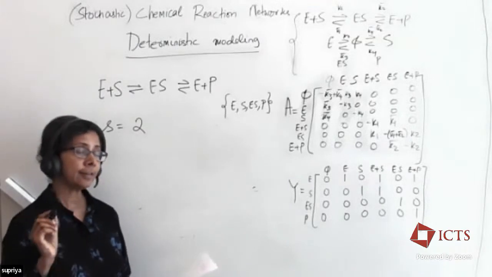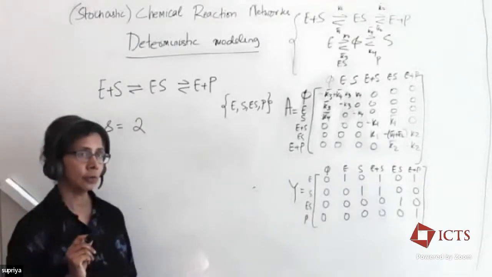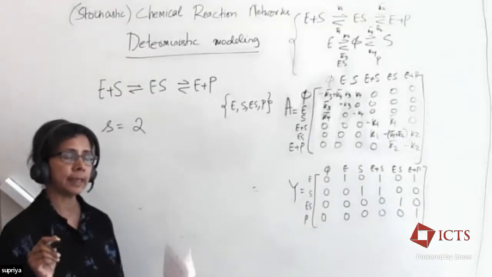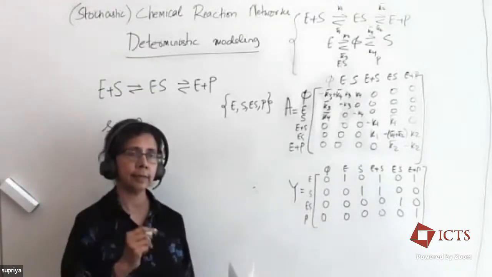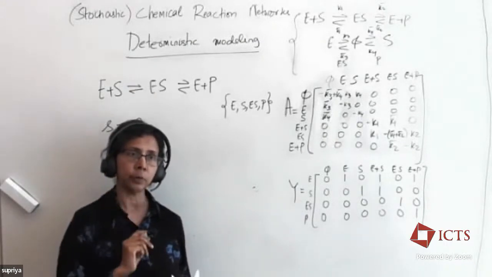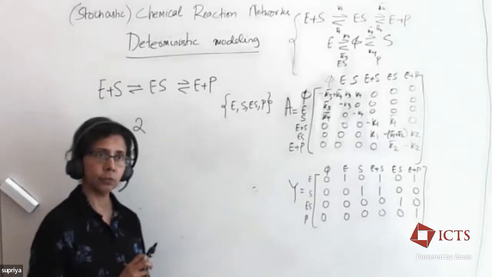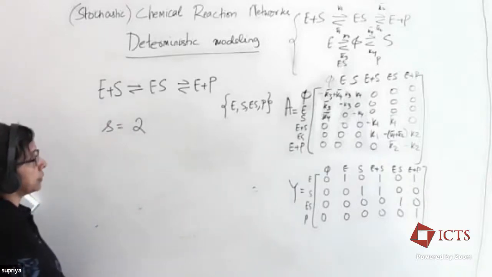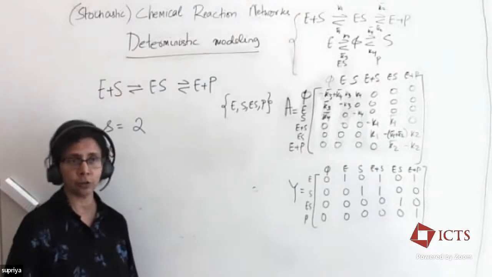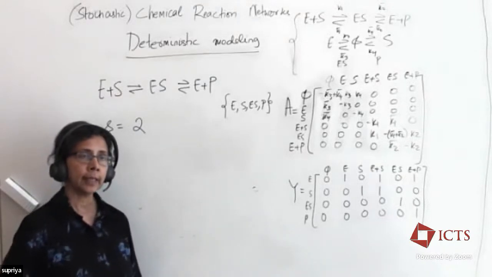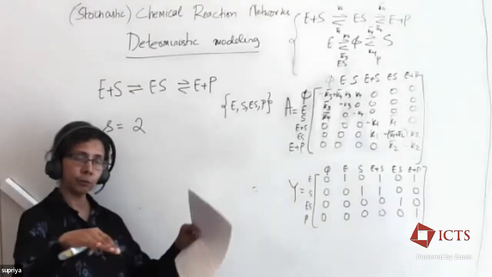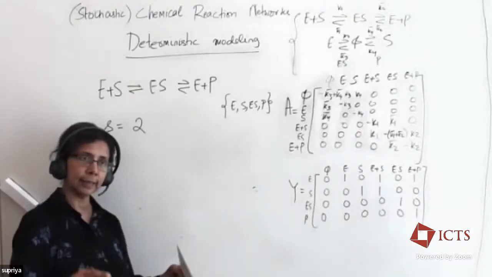But the species space is 4. So what's going on here? What does the species space mean? It's the space on which my dynamics can move around. If I'm talking of species numbers, probabilities, concentrations or fractions, and I'm talking of time evolutions of those quantities, that four-dimensional space is where that thing can move around.